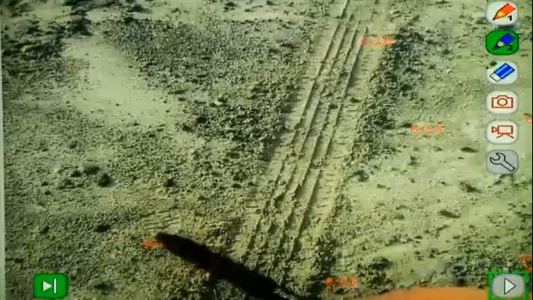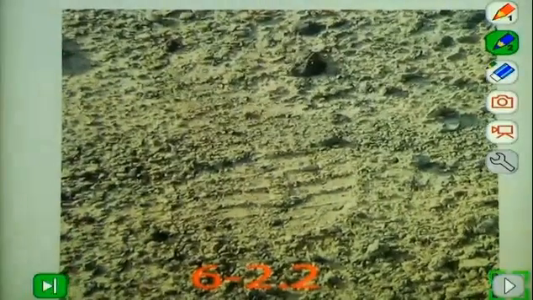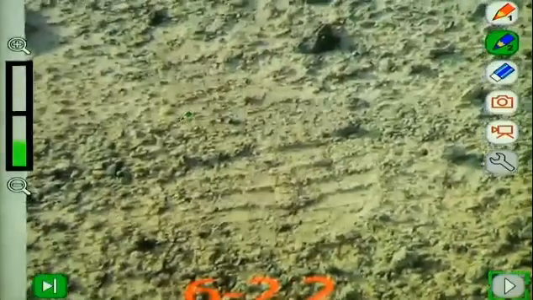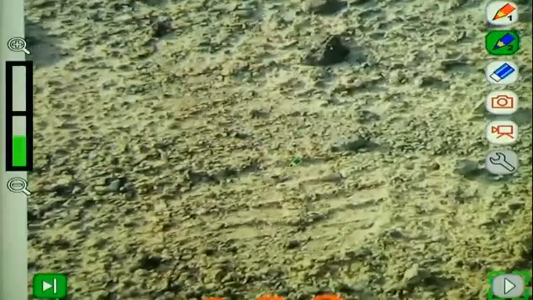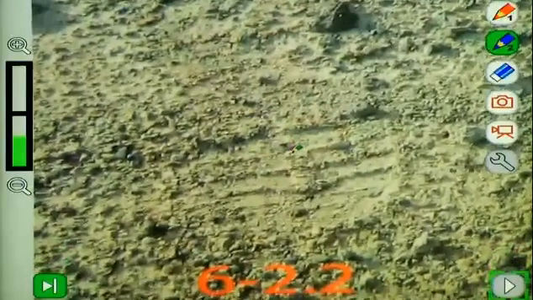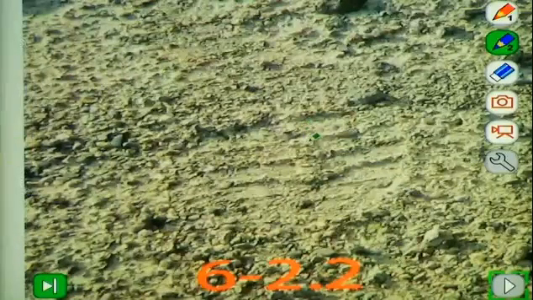Just with regard to 6-2.2, you indicated there were certain details that you were able to identify in this as a heel print. Correct. And if you could, just point out what observations you made.